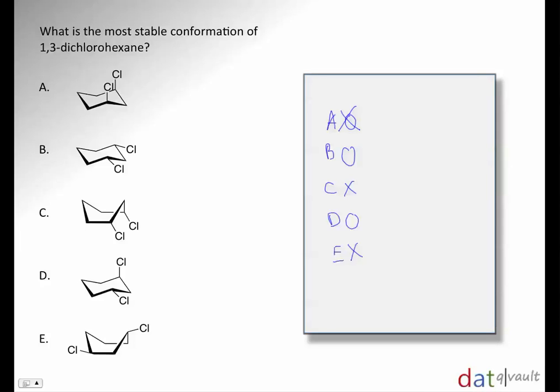Here we have an axial and an equatorial substituent, and here we have 2 equatorial substituents. The more equatorial substituents we have for the largest substituents, the lower the energy of the molecule is going to be. So we're going to go with answer B as being the most stable because, number 1, it's in the chair conformation, and 2, the 2 largest substituents on the molecule, being chlorines, are both in the equatorial position.